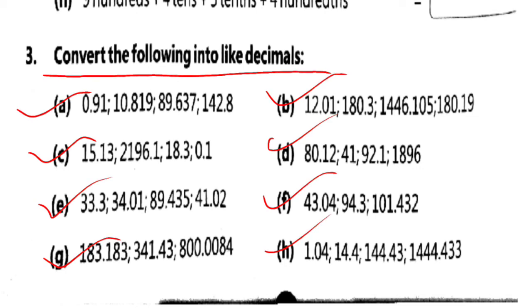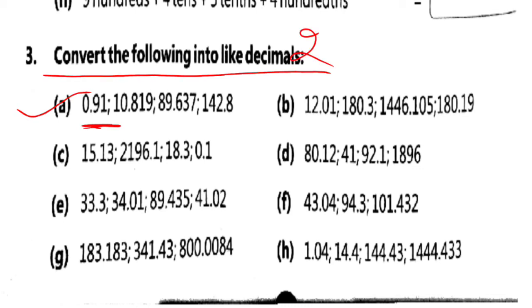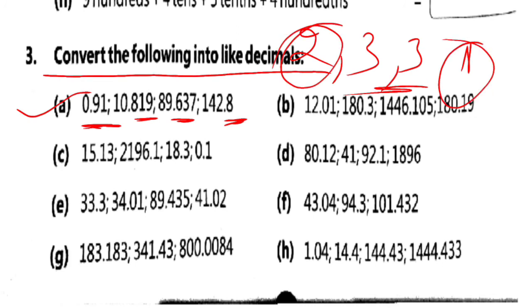First we have to count the highest decimal place value. Like this one, how many decimal places are there? 2. 819, there are 3 decimal places, 637, 3 decimal places, and there is 1 decimal place. So the highest is 3. So we have to make them all 3 decimal places. How can we make that? We just add extra 0.